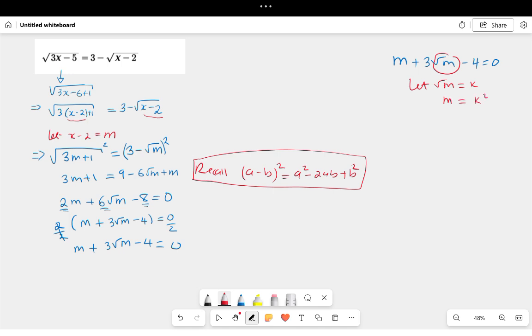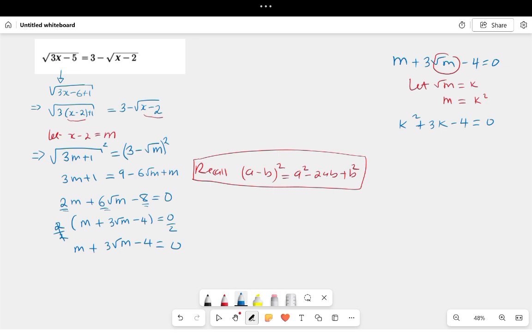So rewriting the equation above, we get k squared plus 3k minus 4 equals 0.